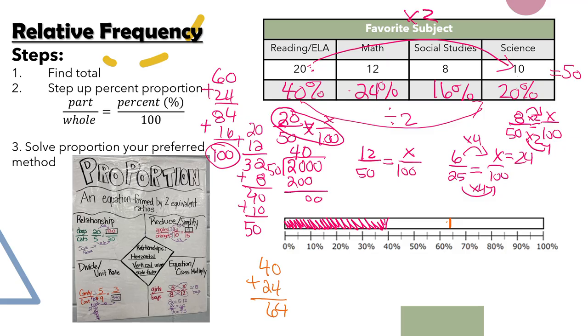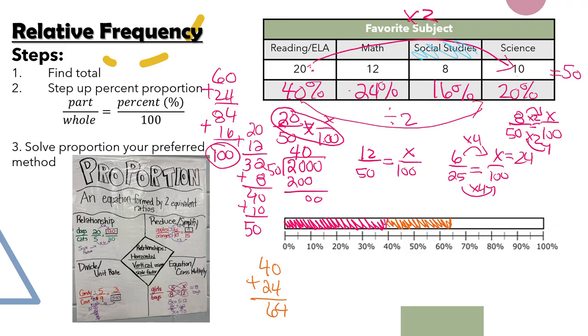Okay, let's keep going. So now we know social studies is at 16%. Let me pick another color. We're going to get blue for social studies. So in this case, 16%. I'm not sure where to mark my 16%. So let's go ahead. So we stopped at 64.